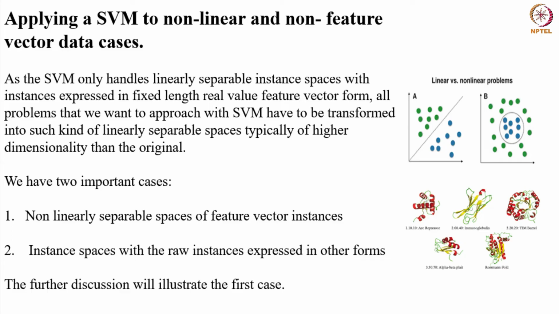The other problem, which is also important, is being able to apply a method designed for handling feature vectors to instance spaces where the instances are expressed in other forms.